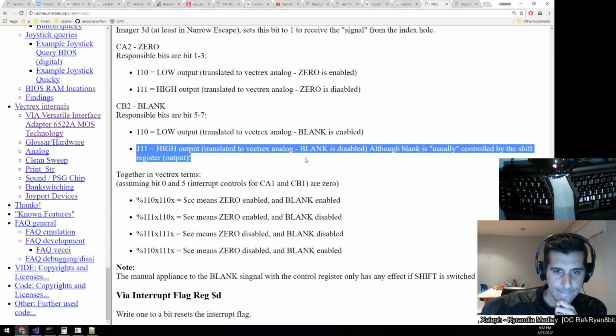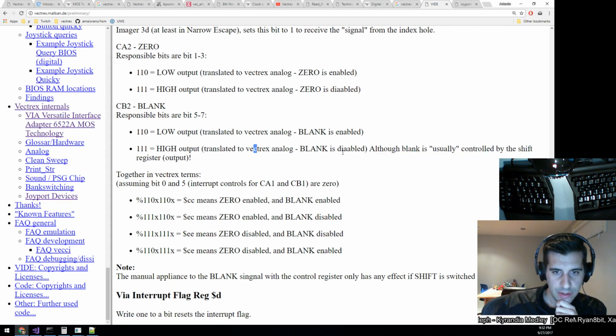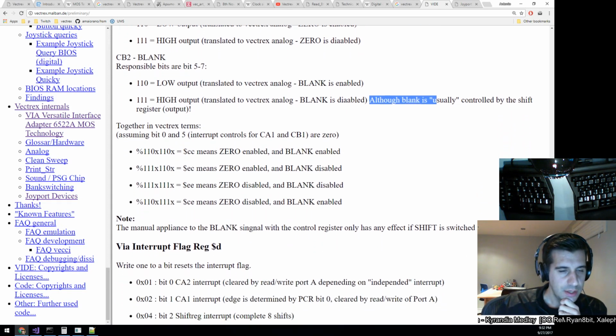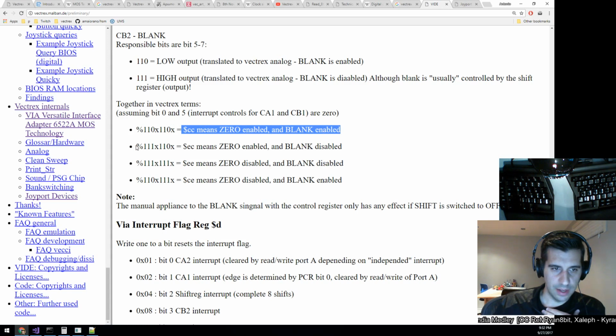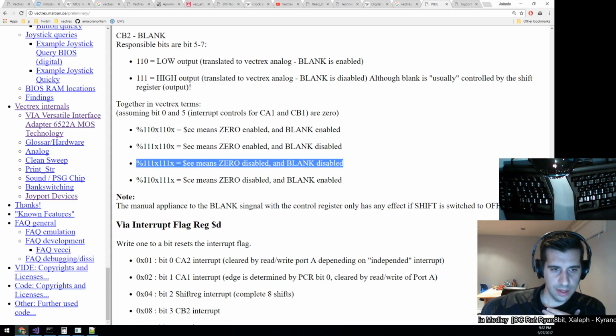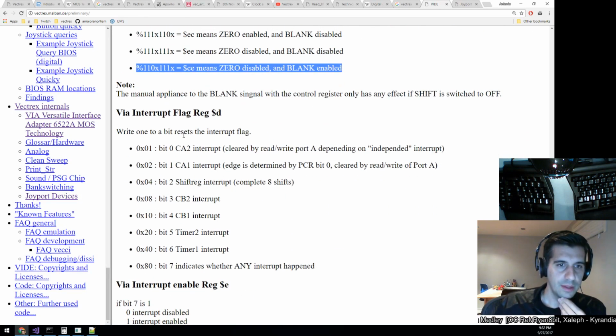Yep, we did that. Although blank is usually controlled by the shift, yes. Together in Vectrex terms, assuming bit 0 and 5 interrupt control for CA1 and CB1. Yeah. Sure.